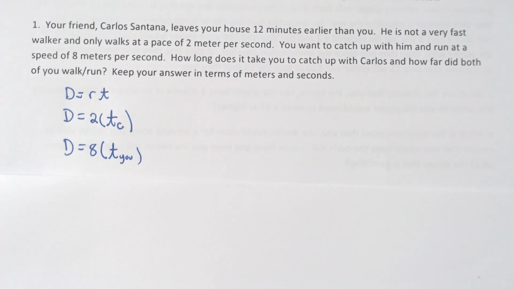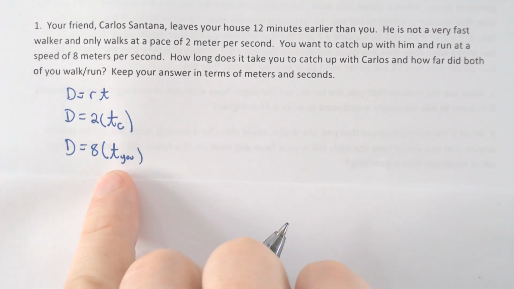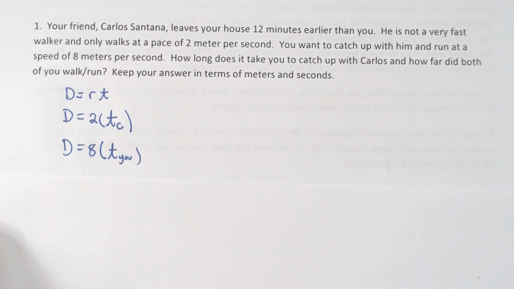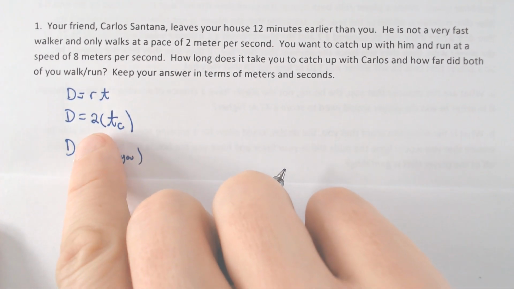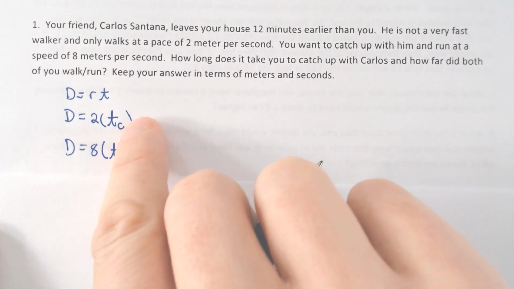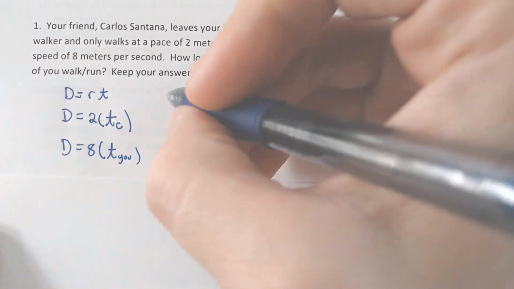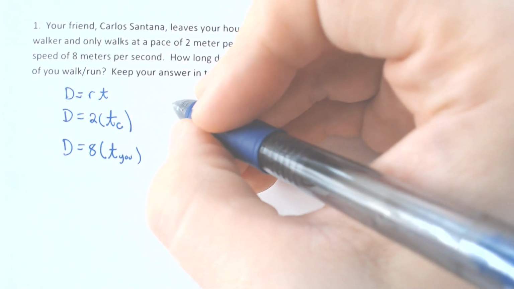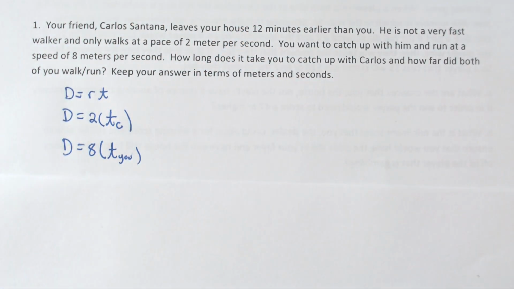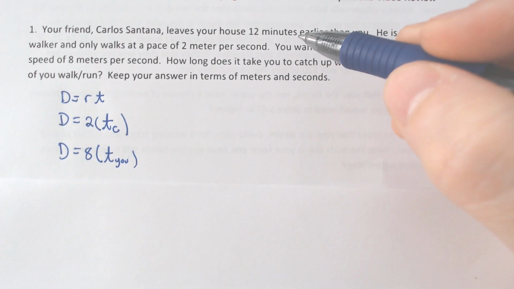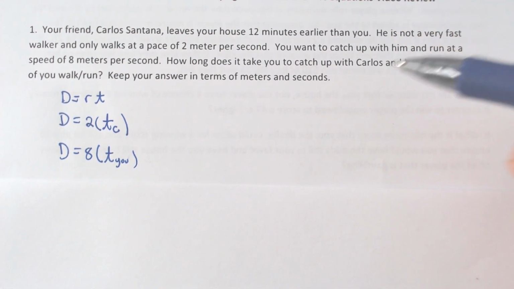Now, we do have an issue here because we can't just set the distances equal by themselves. The distances are equal, so we are going to at some point set 2 times T sub C equal to 8 times T sub U. But you first need to recognize that your time is either 12 minutes less than Carlos's time, or Carlos's time is 12 minutes more than yours.